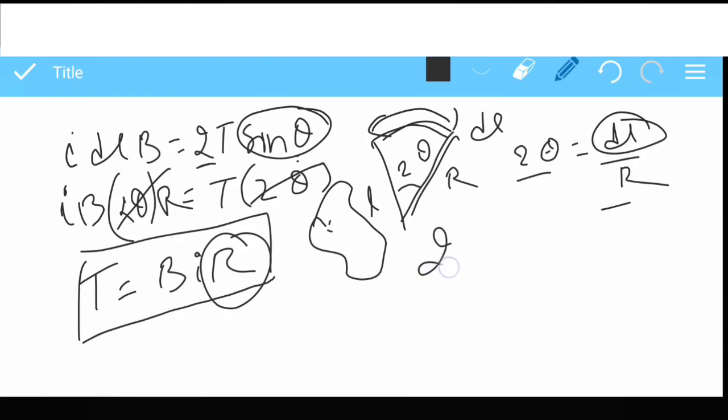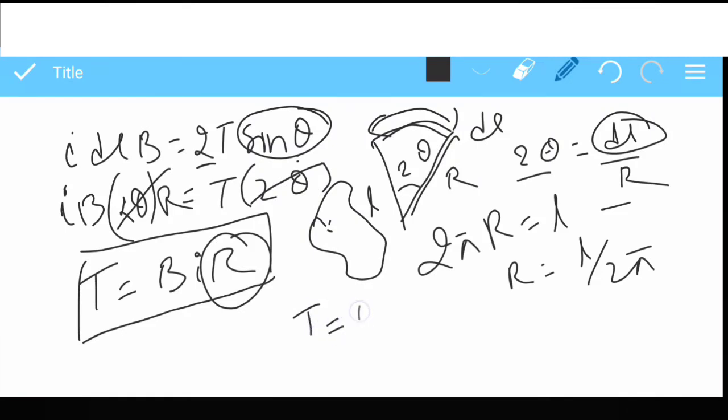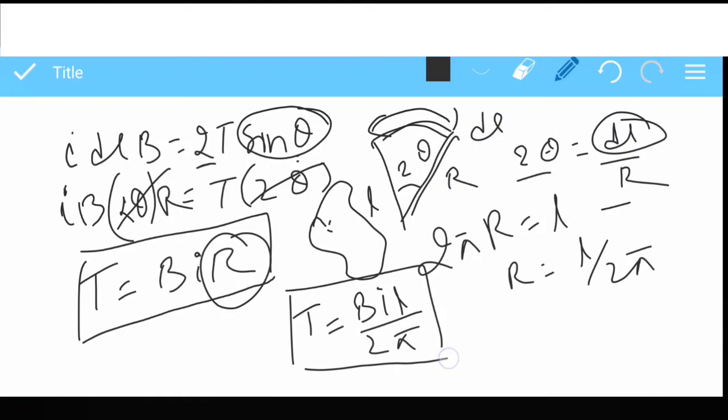Twice pi R will be equal to L, so R is equal to L by twice pi. In that case, the tension will be T equal to BIL by twice pi. So this is the expression for tension in terms of length, and the earlier one is in terms of radius.